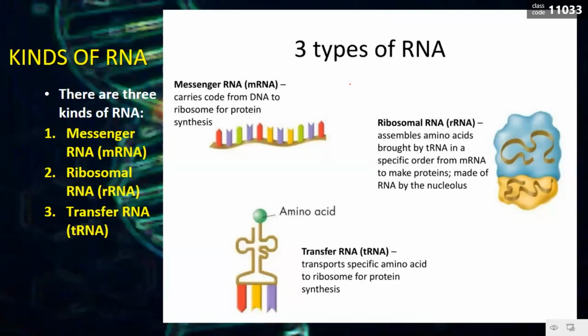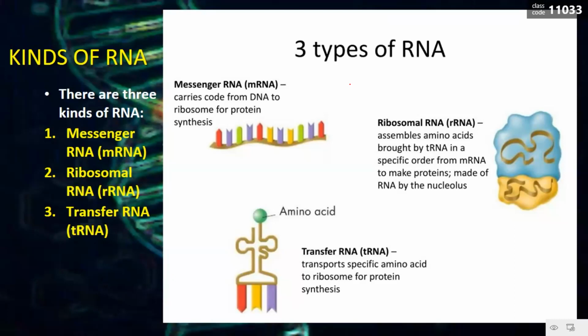The messenger RNA, or simply mRNA, carries the code from the DNA. Our DNA contains our genetic information. So how is it translated into protein in our body? It needs to pass its information or its code to mRNA.